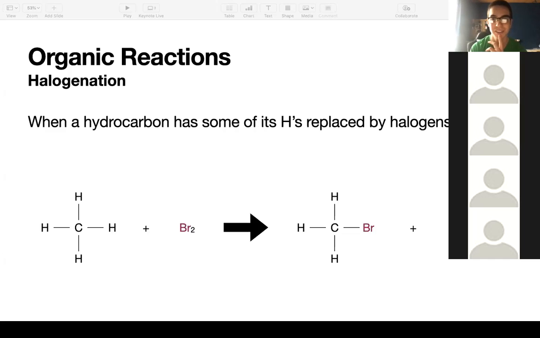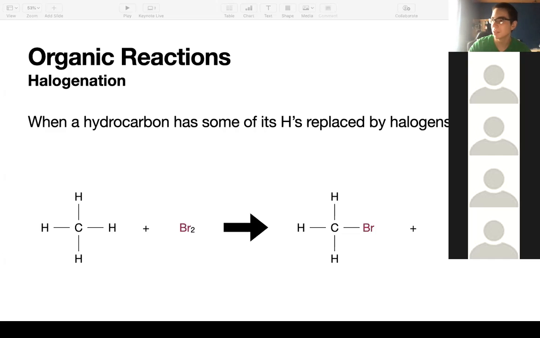Now let's look at halogenation. Halogenation is when a hydrocarbon has some of its hydrogens replaced by a halogen. I drew it out for you with methane here, but it could happen with any hydrocarbon.